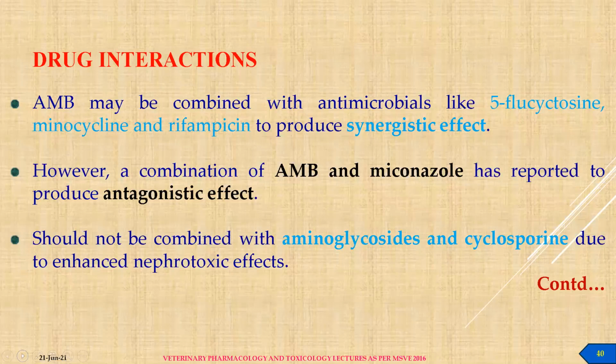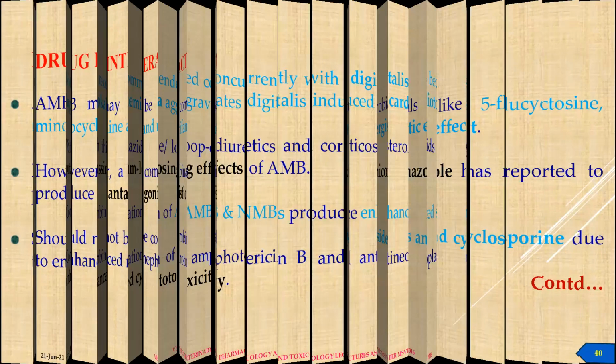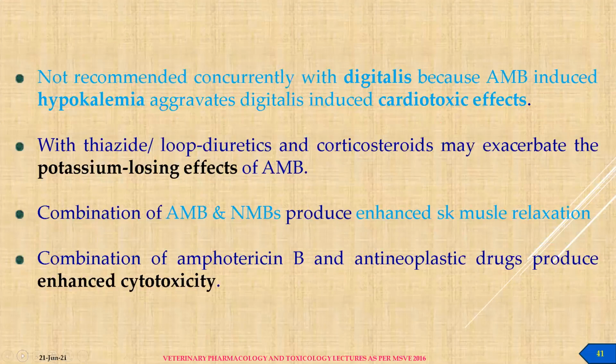These are not recommended concurrently with digitalis, because amphotericin B induced hypokalemia aggravates the digitalis induced cardiotoxic effects. And this should not be used with loop diuretics. Corticosteroids may exacerbate the potassium losing effect.